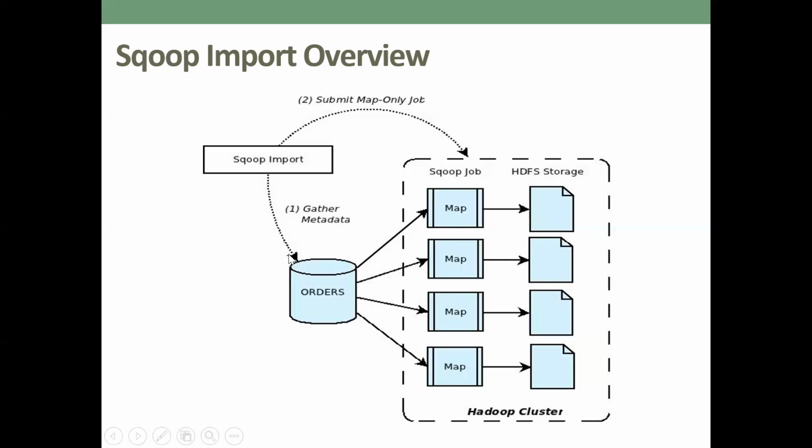That's what this slide says. So your Sqoop import command gathers the metadata information from the DB and launches the map-only job. So 4 map tasks will run and generate the file in HDFS.